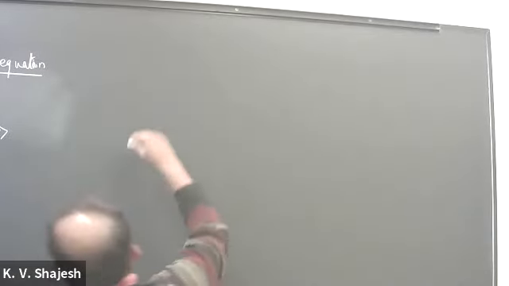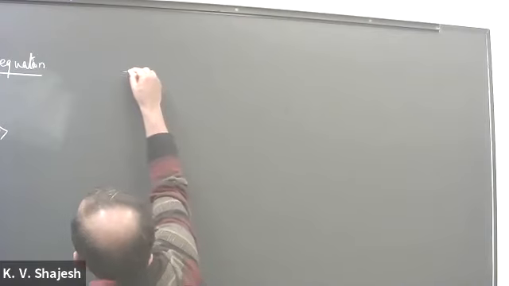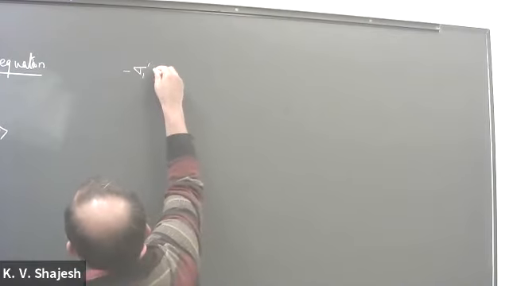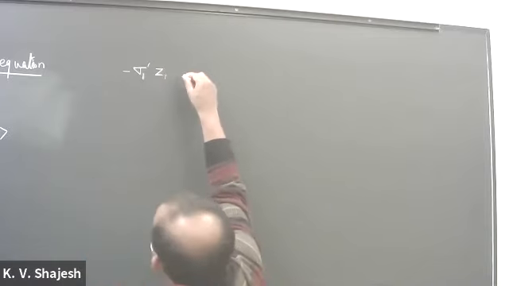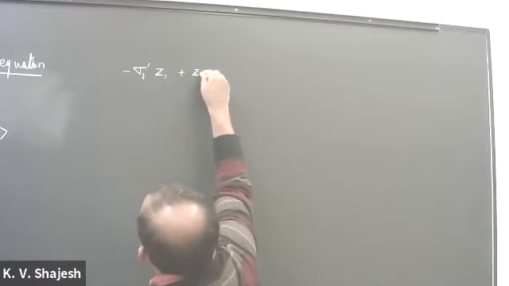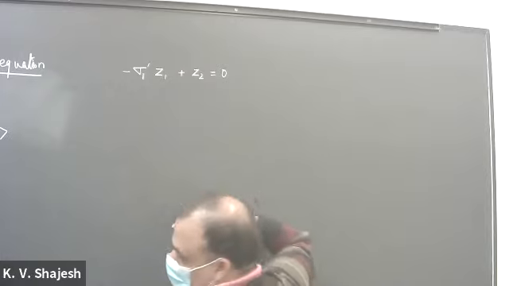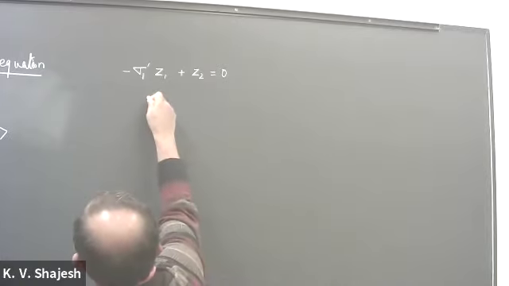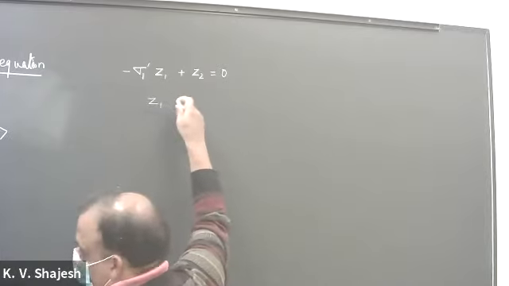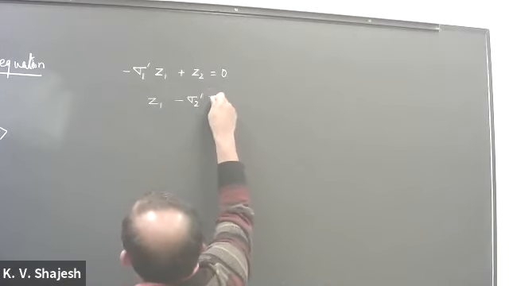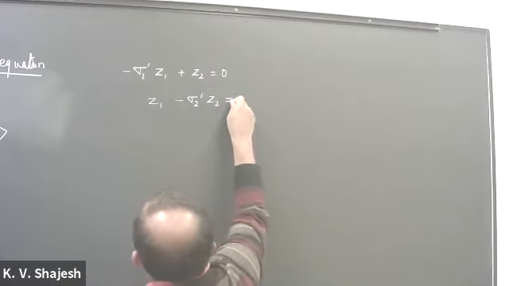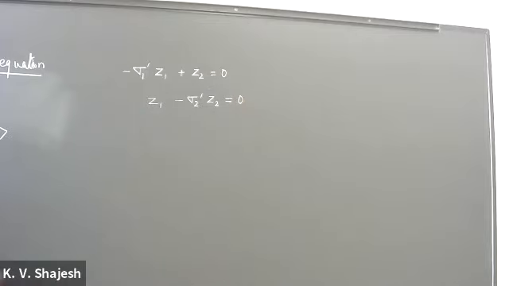So this is minus sigma 1 prime times Z1 plus Z2 is equal to 0, and Z1 minus sigma 1 prime times Z2 is equal to 0. If you have two linear equations, you can solve for them.